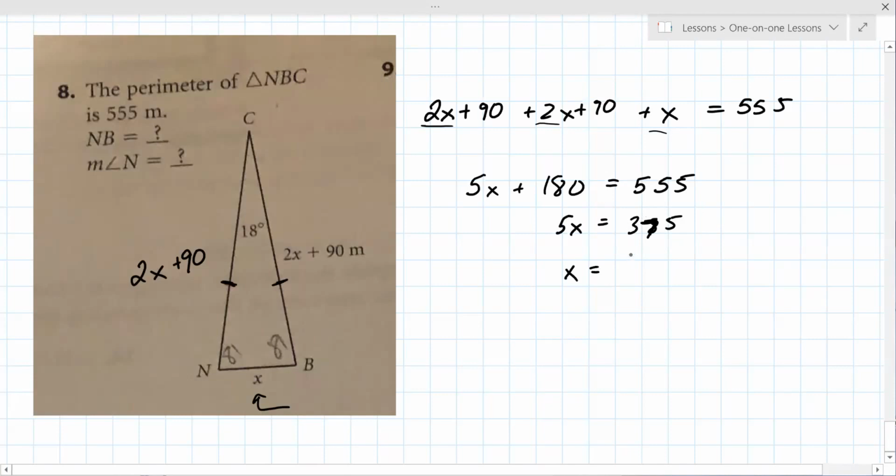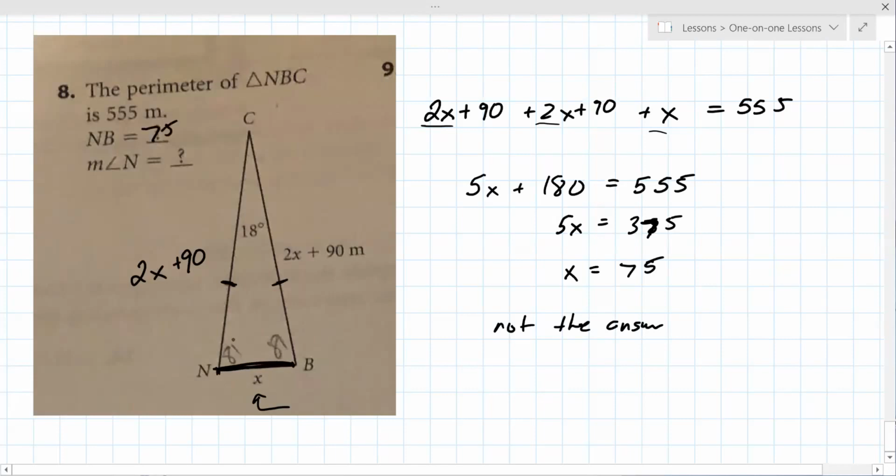There's 300, so that's 60. 75 is 15, so x is 75. But the problem is this is not what it wants. Oops, not the answer. Because it wants NB. Well, I guess it is the answer. It wants NB, which is 75 because it is x.